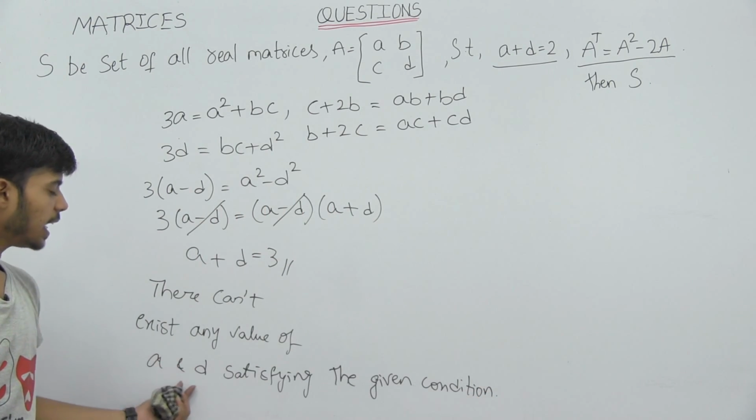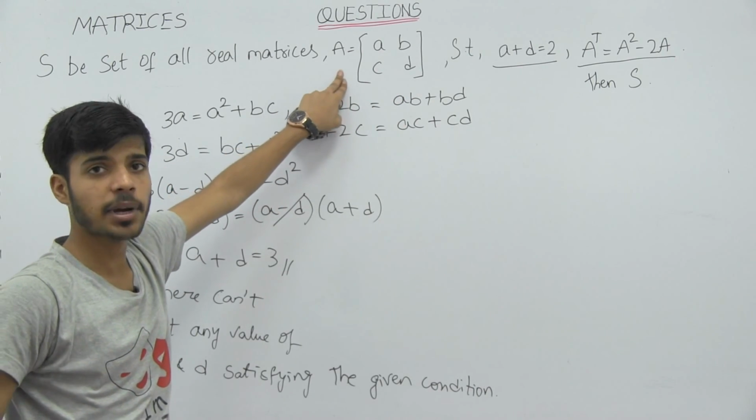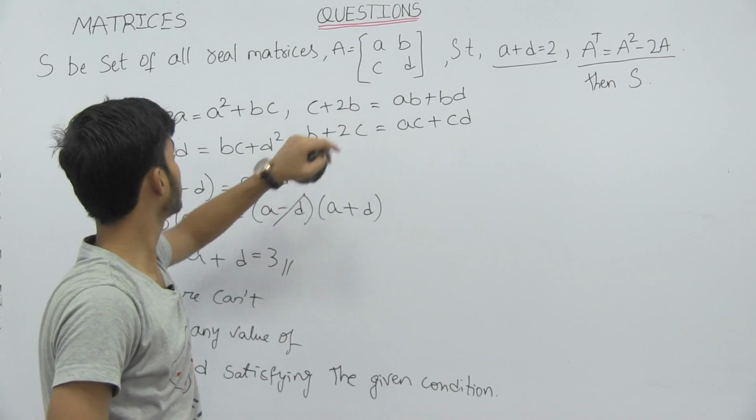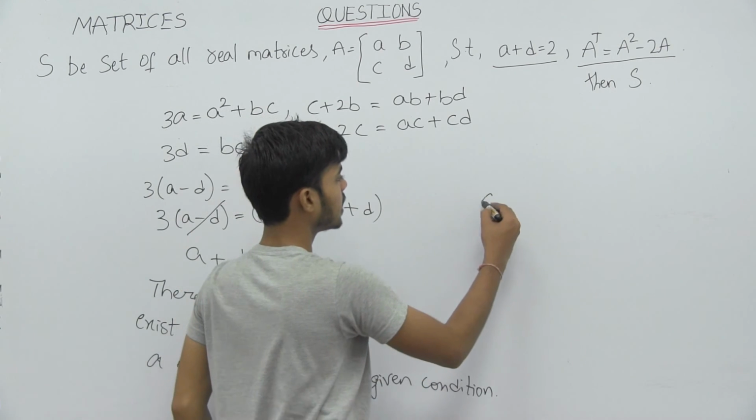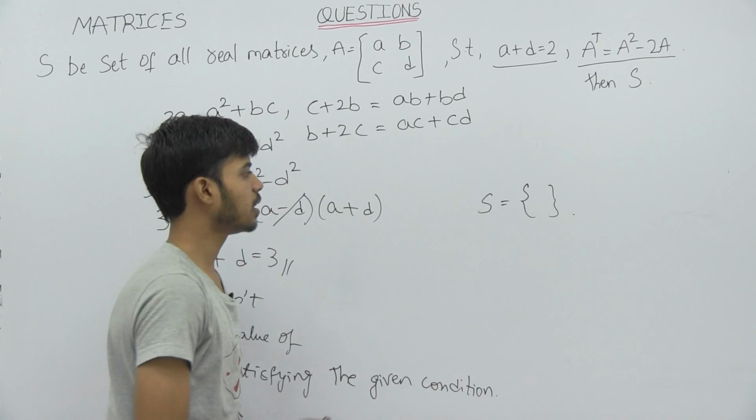So we can say that a and d values do not exist. So there won't be any matrix existing as A, hence the set S is an empty set. The number of elements is 0.